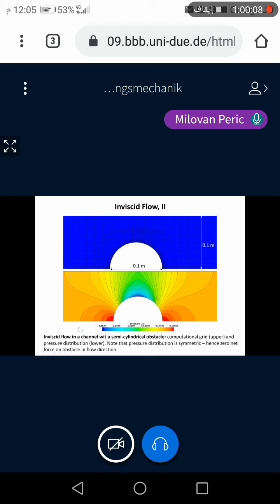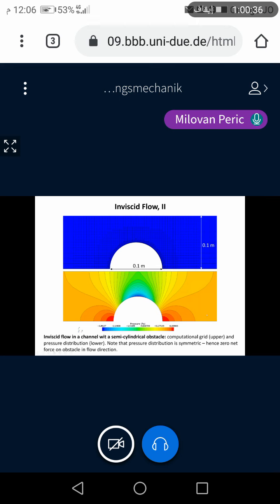You see also that there is a reduction of pressure along the straight wall from kind of brown or orange to green, and then increasing again. Along the bottom wall, you have first increased pressure until you hit the stagnation point, then a rapid decrease until you reach the minimum cross-sectional area, then again rapid increase at the end, and then a little bit of decrease again.